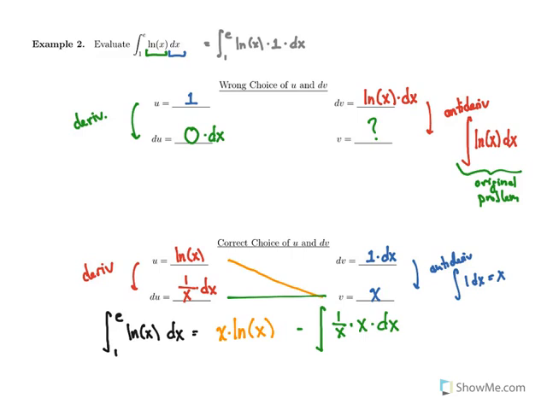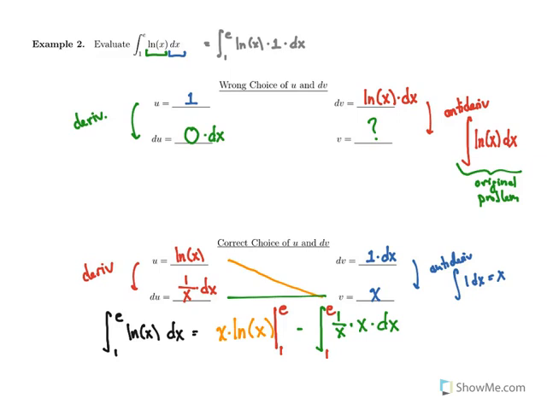And a few things to note. One is we have to think about the definite integral now. And to deal with the definite integral, we are going to evaluate this first chunk from 1 to e, and this integral is still going to be from 1 to e.